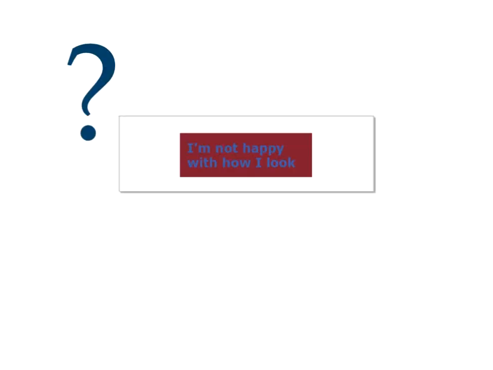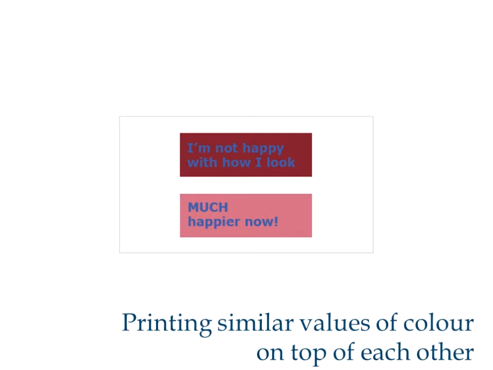Okay, so what do we think has happened with this particular one? Yep, absolutely. Contrast and clashing colours. So with this one you can just be watching the similar values of colour on top of each other. So just be mindful of, if you're going to put one colour of text on top of a coloured background, the kind of values that you're looking at as far as the tint value really of each.